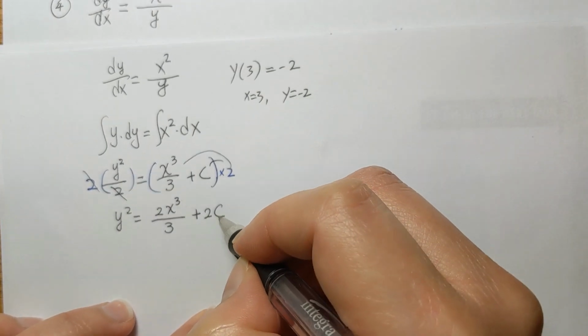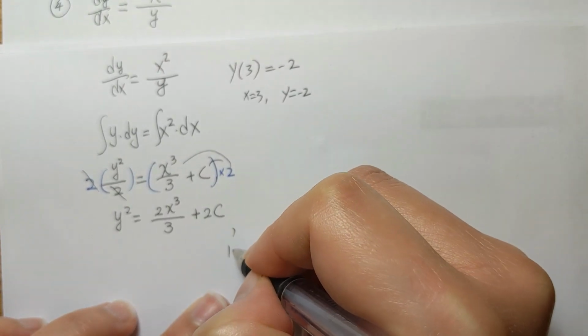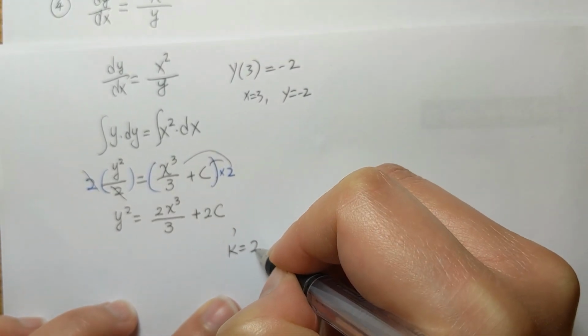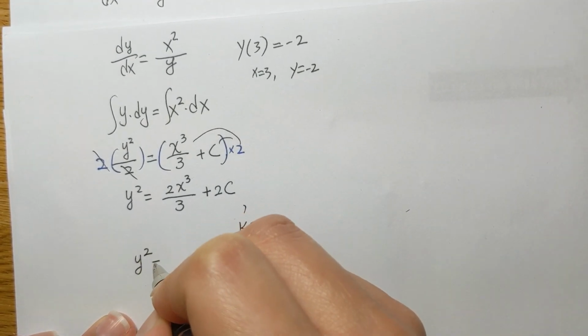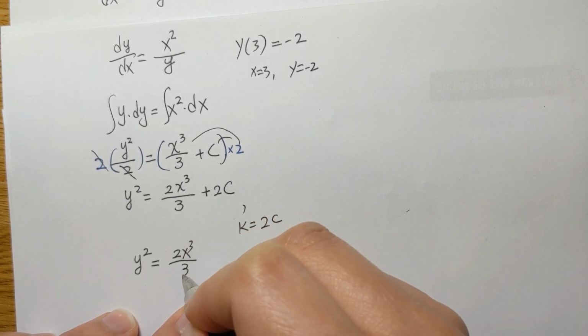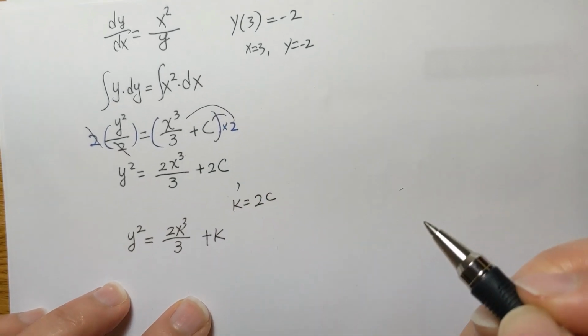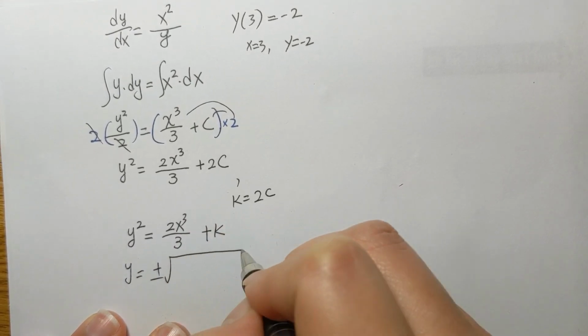And I can let k equal to 2c, or big C equal to 2c, doesn't matter. So I'm going to get k equal to 2c. So y squared equal to 2x cubed over 3 plus k. Because of y squared, we got 2 branches.